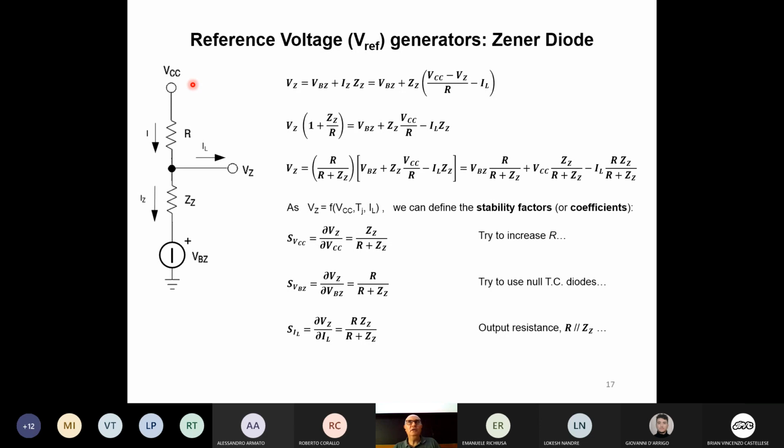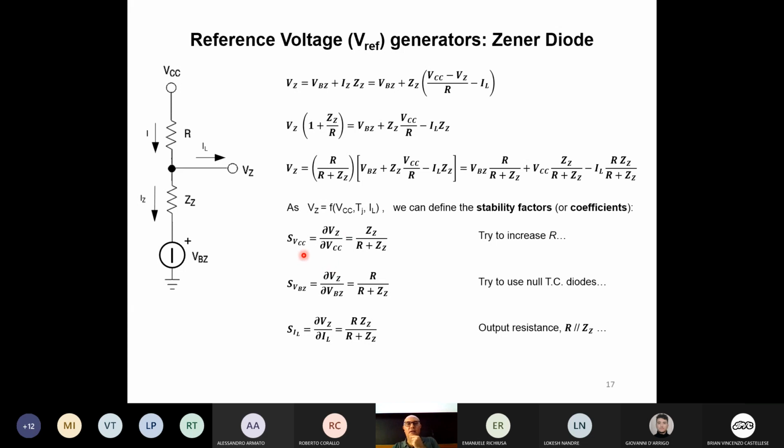So what I want to know is, if the input voltage VCC has some ripple, how much ripple am I going to find in the output voltage? Because I want zero ripple. So what I do is the partial derivative of VZ as a function of VCC.